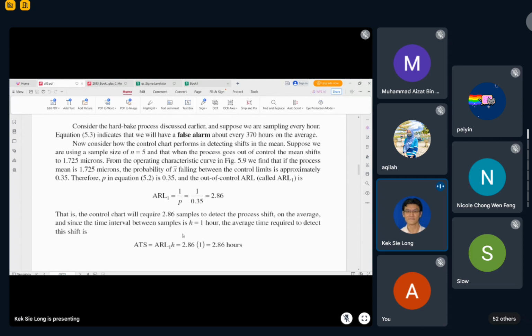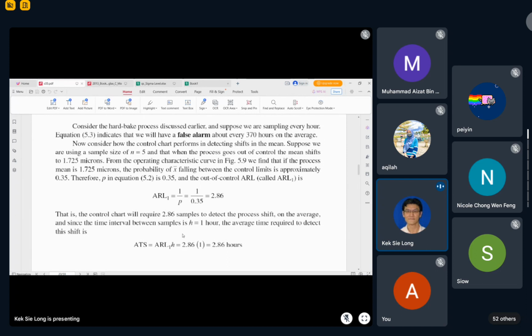To calculate is not difficult, it's very simple. But can we interpret ARL1 of 2.86? What does it mean? The control chart will require 2.86 samples to detect the process shift on the average.